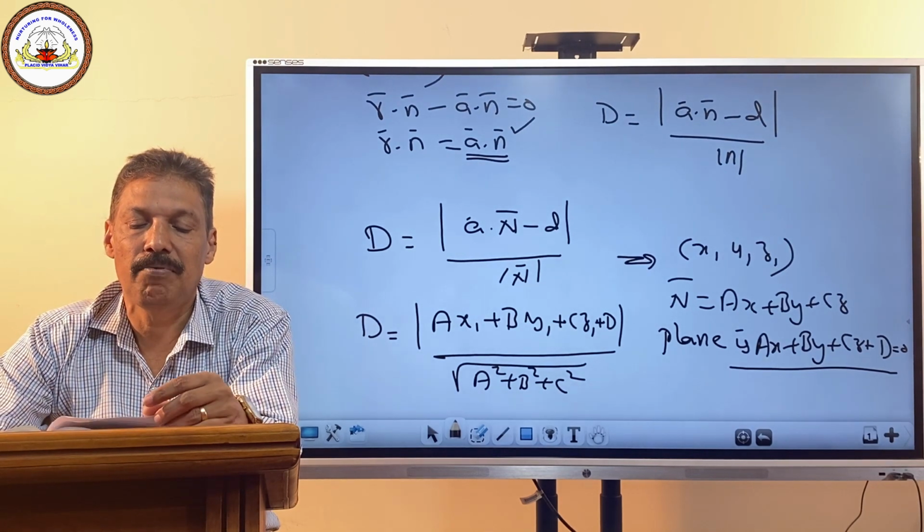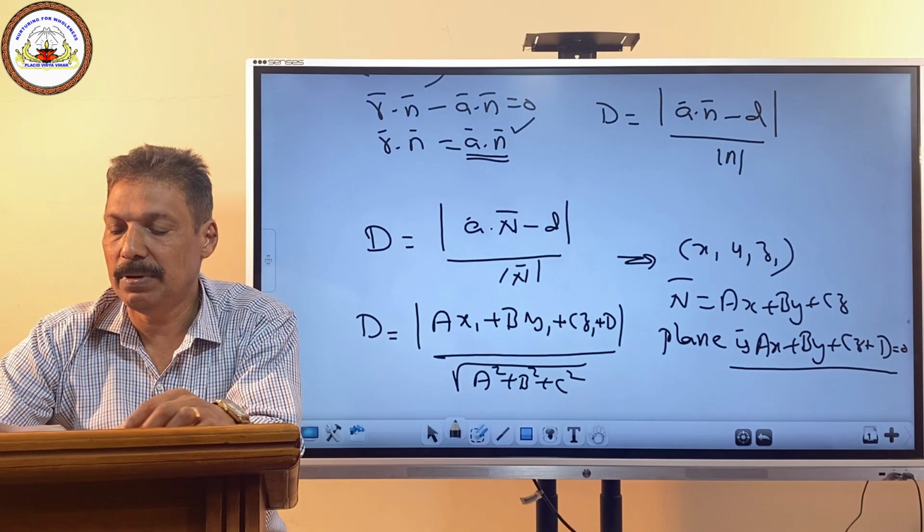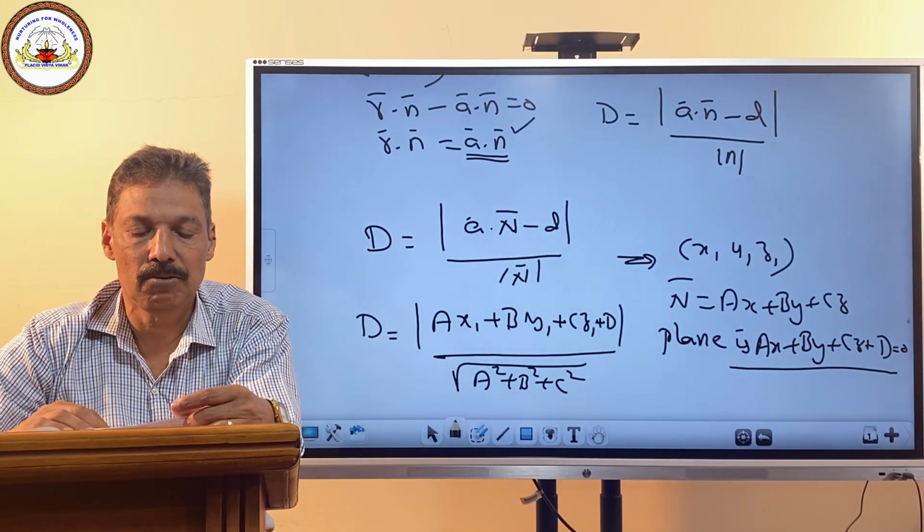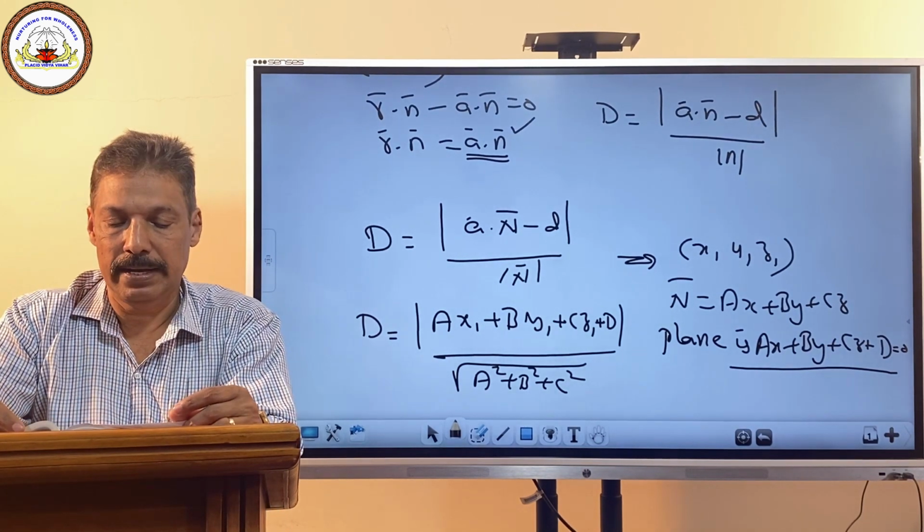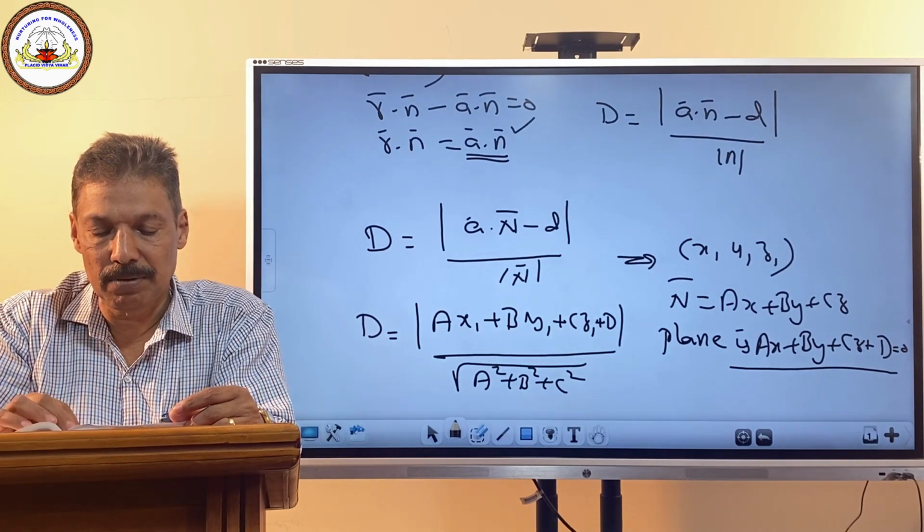Page number 494, exercise 11.3, avoiding the questions, question numbers 12 and 13, both are deleted from our syllabus.